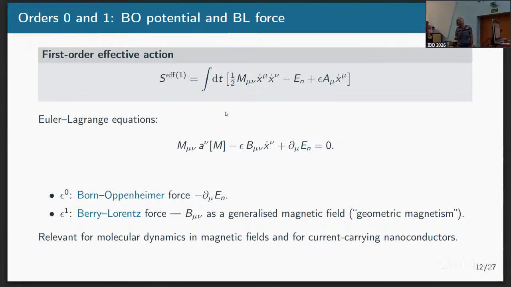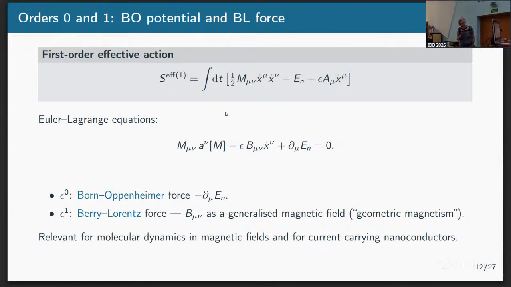And your Euler-Lagrange equation for the effective motion of the nuclei is given here. So you get what I said in the beginning, Born-Oppenheimer force coming from the zeroth order. And in the first order, you get Berry-Lorentz force from the field strength of the gauge potential.